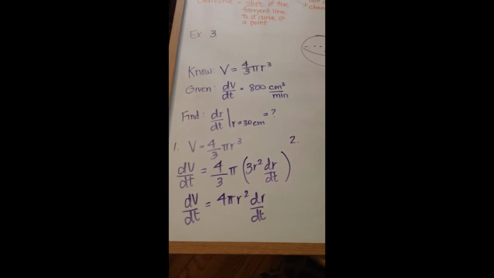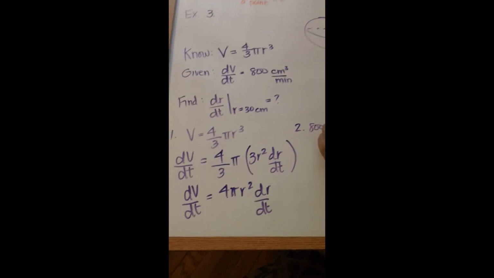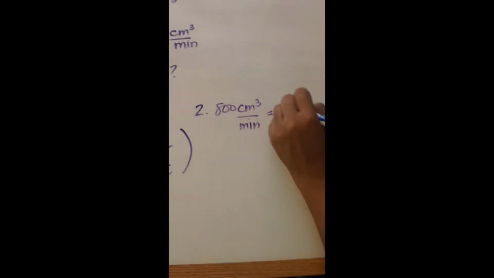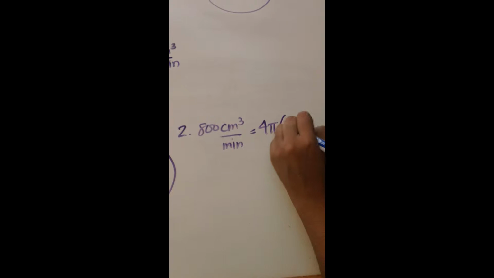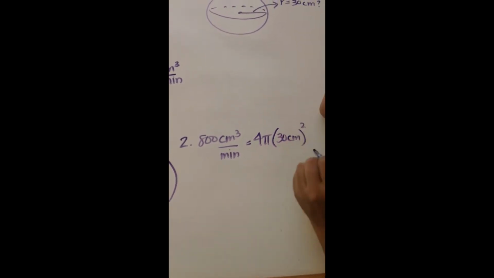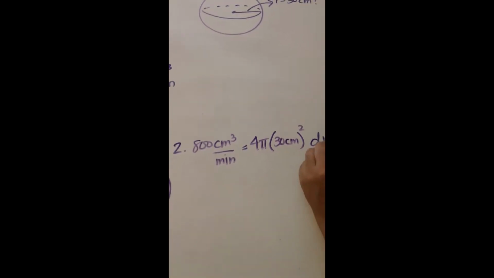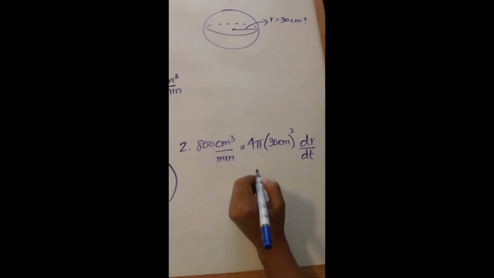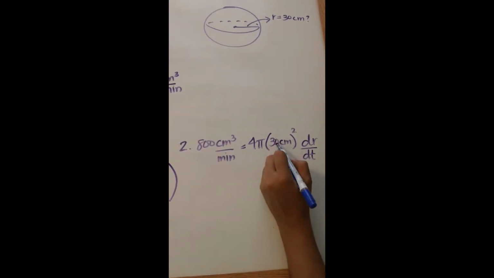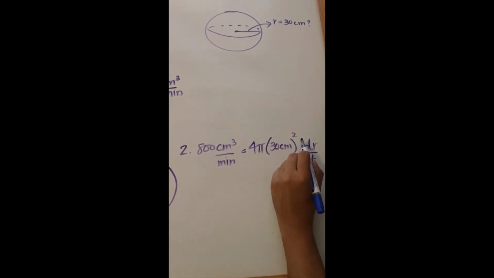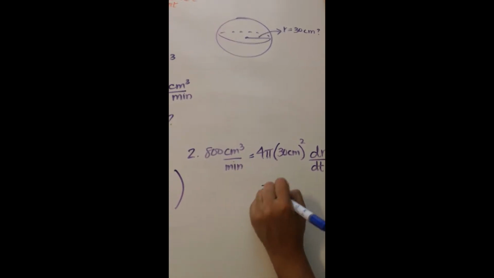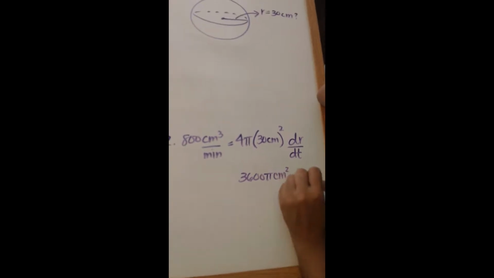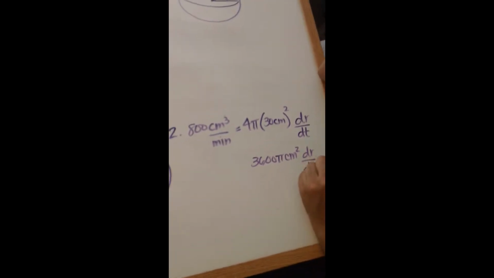Now we substitute in our known values. dV/dt is 800 cubic centimeters per minute. That's equal to 4 pi, our radius is 30 centimeters squared, and we're looking for dr/dt. If we simplify this, on the right side 30 squared is 900. 900 times 4 is 3600 pi centimeters squared dr/dt.